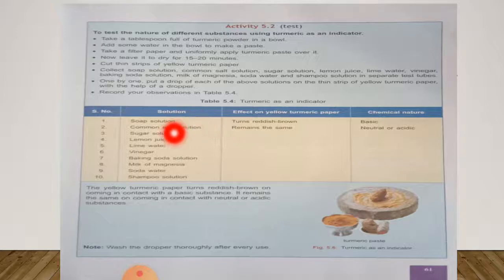Here you can see table 5.4. Some solutions are given. First, soap solution turns reddish brown. Effect on yellow turmeric paper. When we put a drop of soap solution, it turns yellow turmeric paper into reddish brown because soap solution is basic in nature. Second, common salt solution, which is neutral.